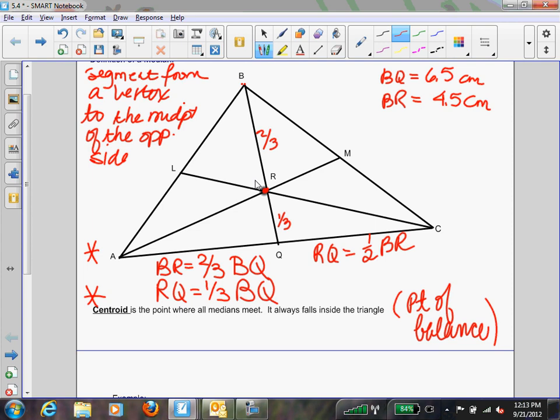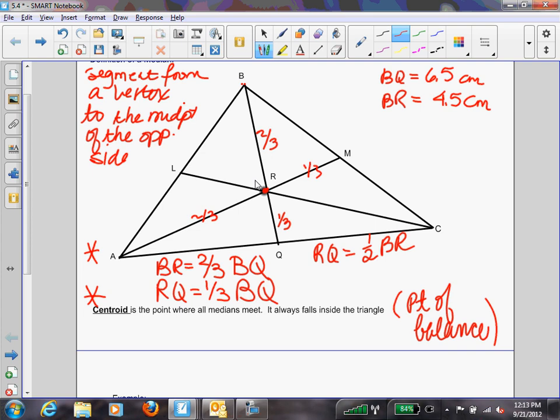Yes, and it's for all of them. I just did it for one. So this is a 2/3 relationship, 1/3. The important thing is that you're staying on the median. You can't go 2/3 of one median and then 1/3 of another median. You're staying on the median to find that 2/3, 1/3 relationship.